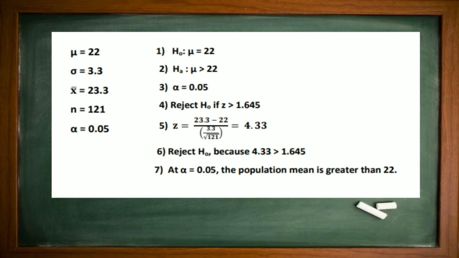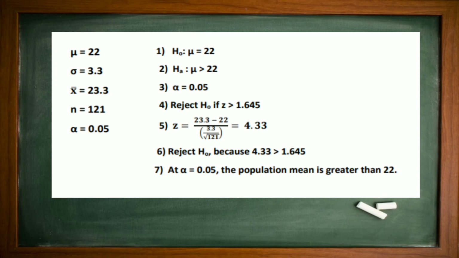Ayan nga po, may value na tayo ng Z. So we have here reject the null hypothesis because 4.33 is greater than 1.645. Sinubstitute lang natin yung Z. Kitang-kita naman po na ang 4.33 is greater than sa 1.645. So that we have to reject the null hypothesis.